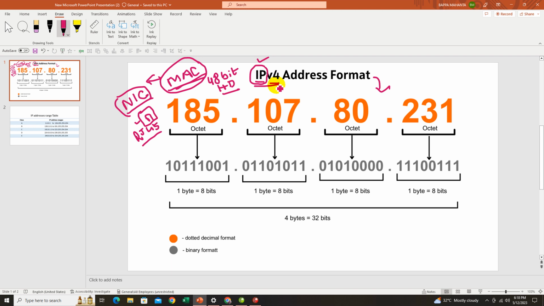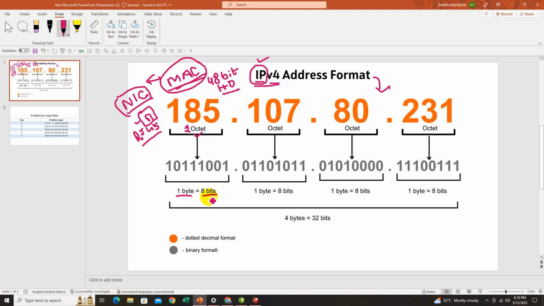Clear? All right. So the orange number is the format of IP version 4. Why is it written as octet? Remember, 8 bits equal 1 octet, and 1 byte equals 8 bits, we all know that.